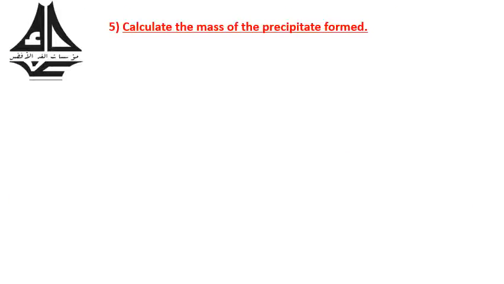Question number 5. Calculate the mass of the precipitate formed. The precipitate formed is PbI2, lead iodide, and it's a yellow precipitate. And we can recognize that it's the precipitate from this small letter s, which is written at the lower right of the compound in a chemical equation.